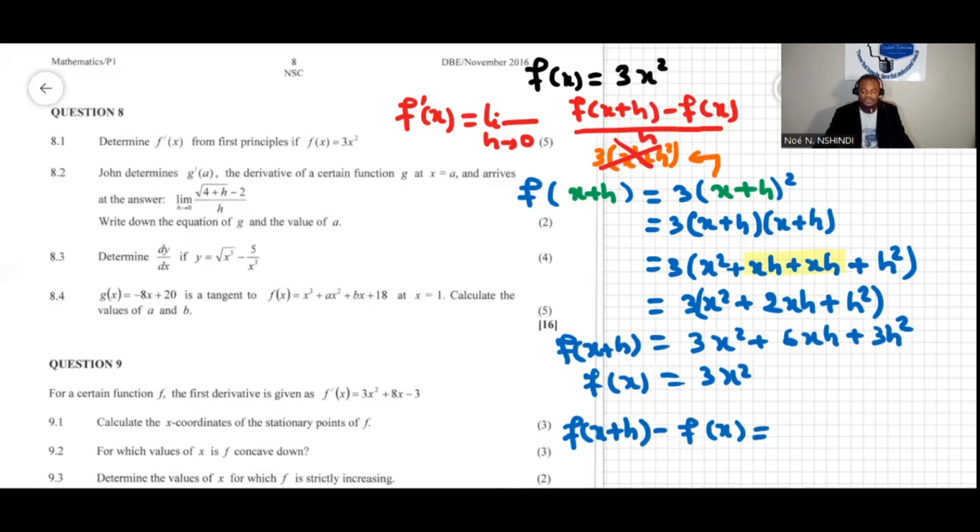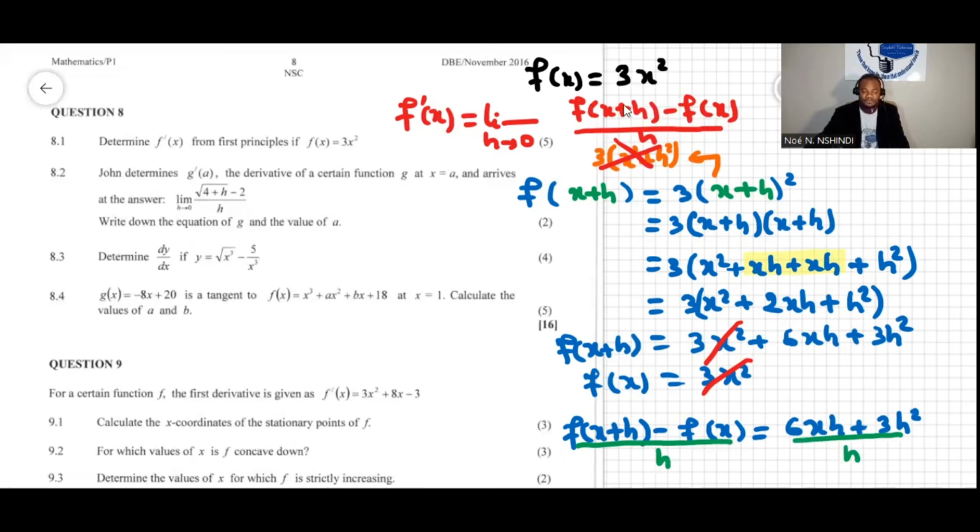If we do the first equation minus the second, you can see that 3x squared minus 3x squared cancel, and we are left with 6xh plus 3h squared. Now we're going to divide both sides by h. The idea is to get this whole form.